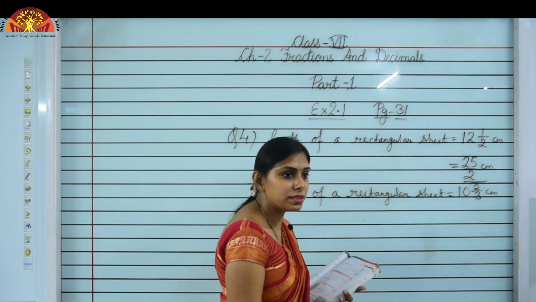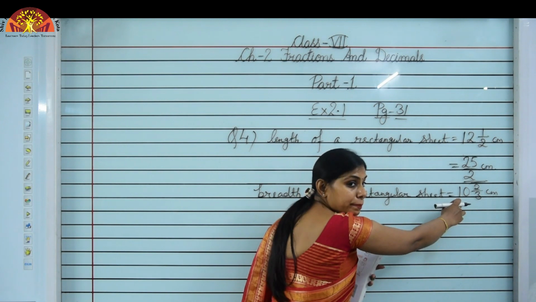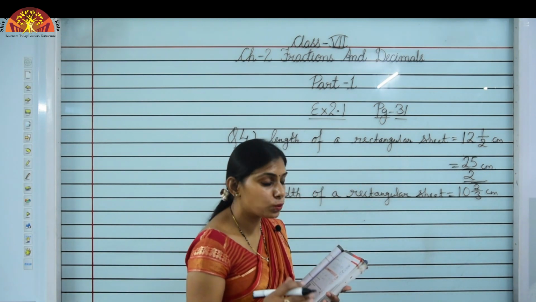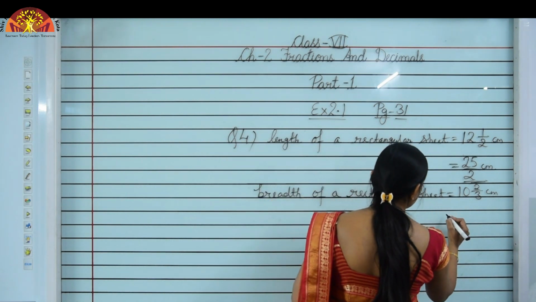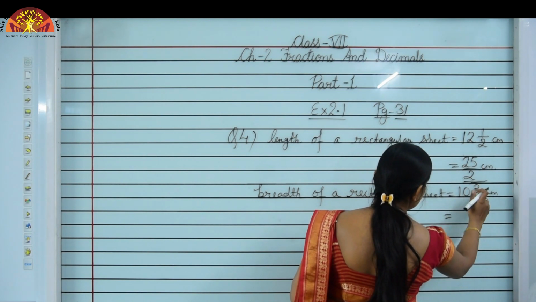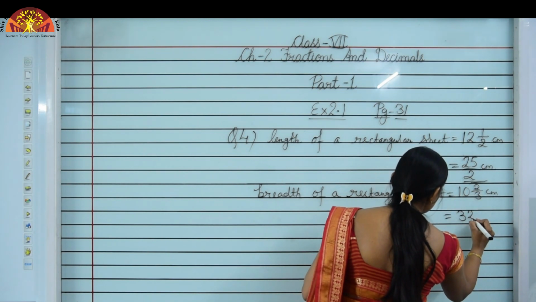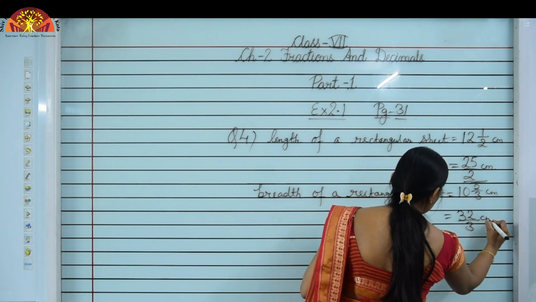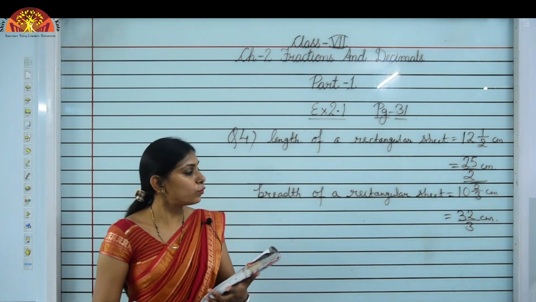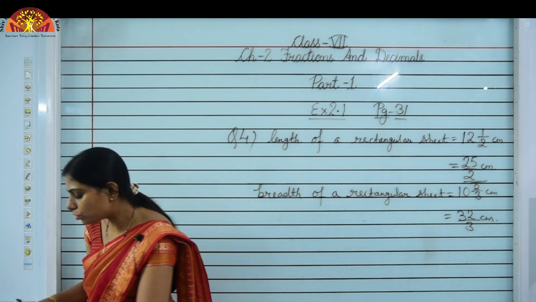Now you can see, children, that again it is a mixed fraction. So you have to convert it into the improper fraction. So 10 3s are 30 plus 2, that is 32 upon 3 centimeter. Got it? Now we'll just find out the perimeter of the rectangular sheet.